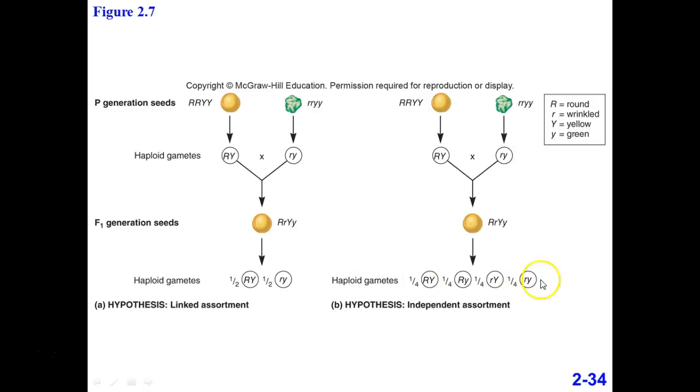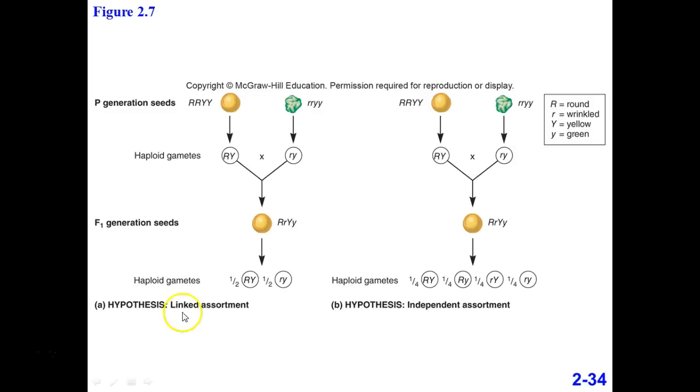Well, we know it's this second one, right? Because the R's and the Y's can separate from each other. And again, he got lucky. These traits that he looked at were on separate chromosomes. That's why they're separating like they are. Had they been on the same chromosome, that wouldn't have been the case.